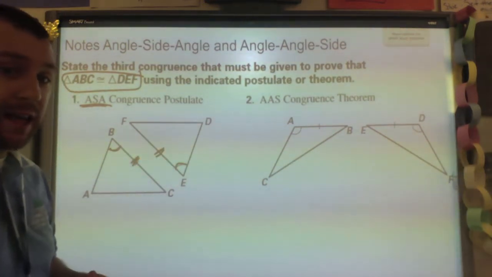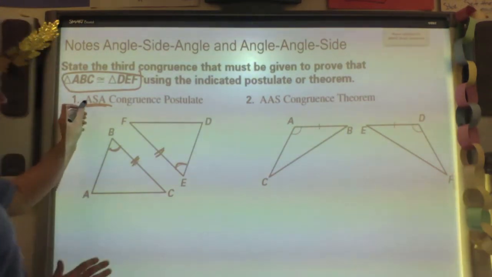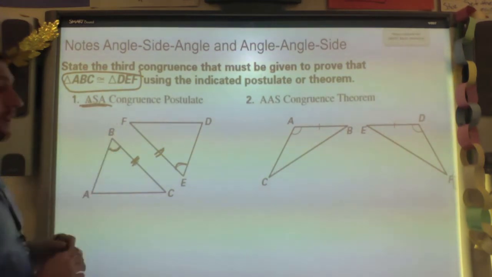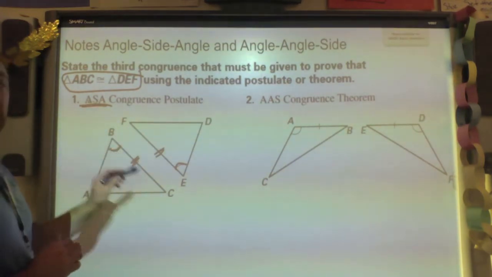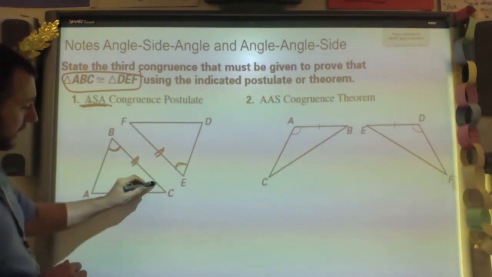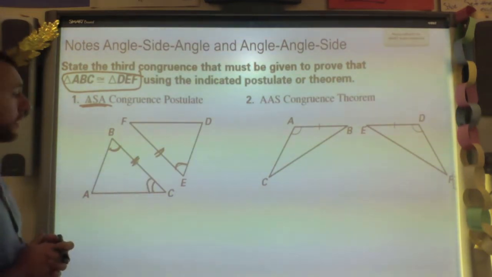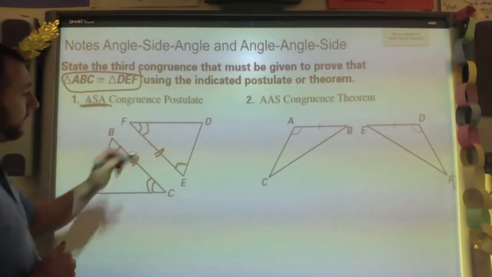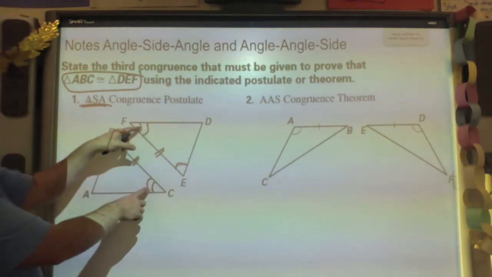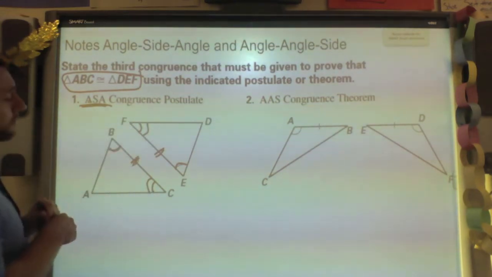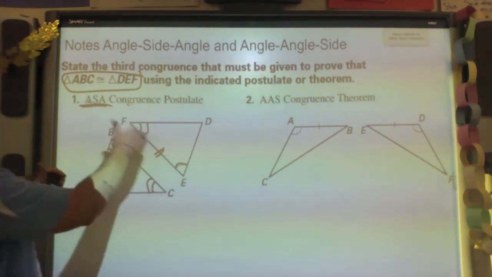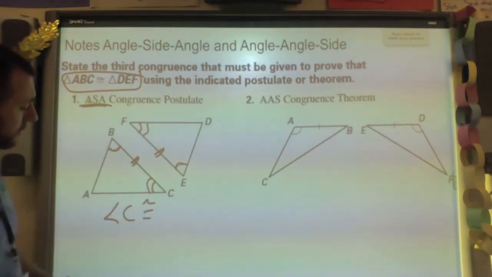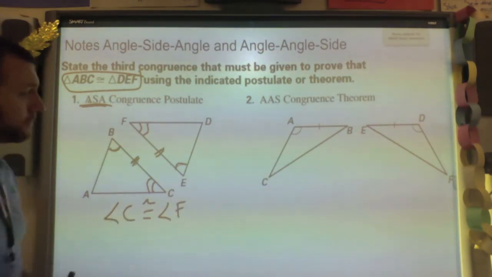Now, what other angle do I need? I need an angle, a side, and another angle. For angle, side, angle, the side has to be between the two angles, so it would have to be this angle C over here. C would match up with F here. So I would say angle C has to be congruent to angle F.